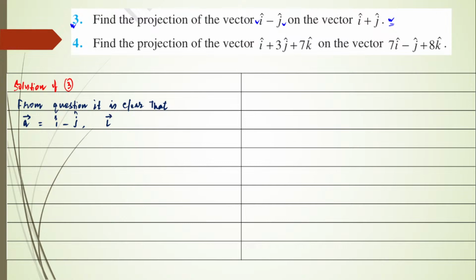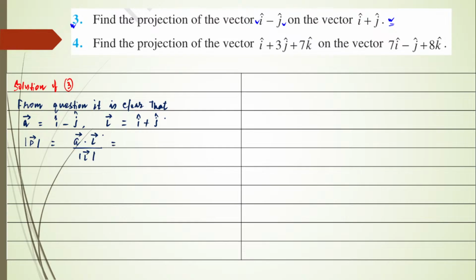Vector L equals unit vector i plus unit vector j. So we find out here what is the projection. We know that projection equals vector A dot vector L by magnitude of vector L.